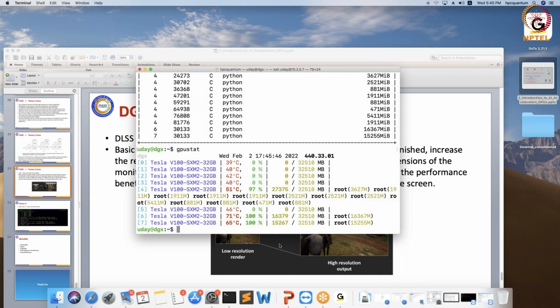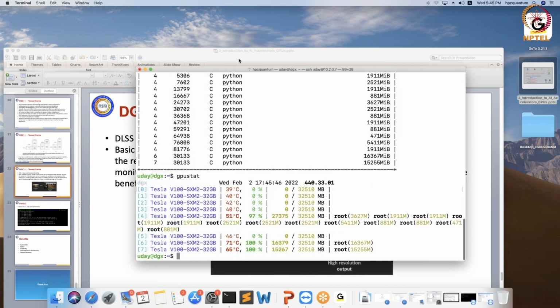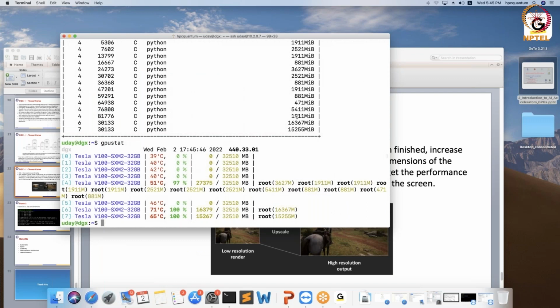Okay, so this is a thing which I had left actually, so I thought I'll share that with you. So if you see the GPU stat again, it gives you which GPU you are going to use: Tesla V100, 32 GB of memory, then the temperature at which it is working, and how much percentage it is being utilized, what are the various programs which are running, how much of it is being utilized, how much memory is being utilized by which program.